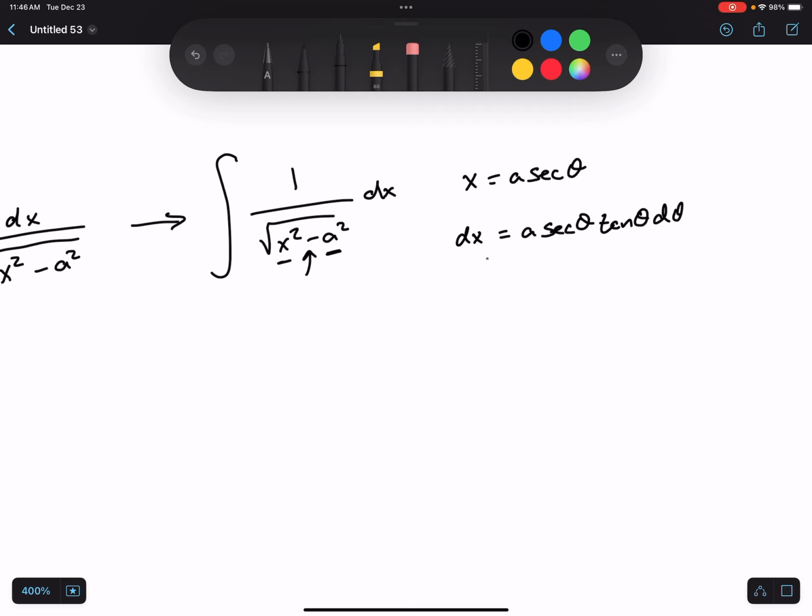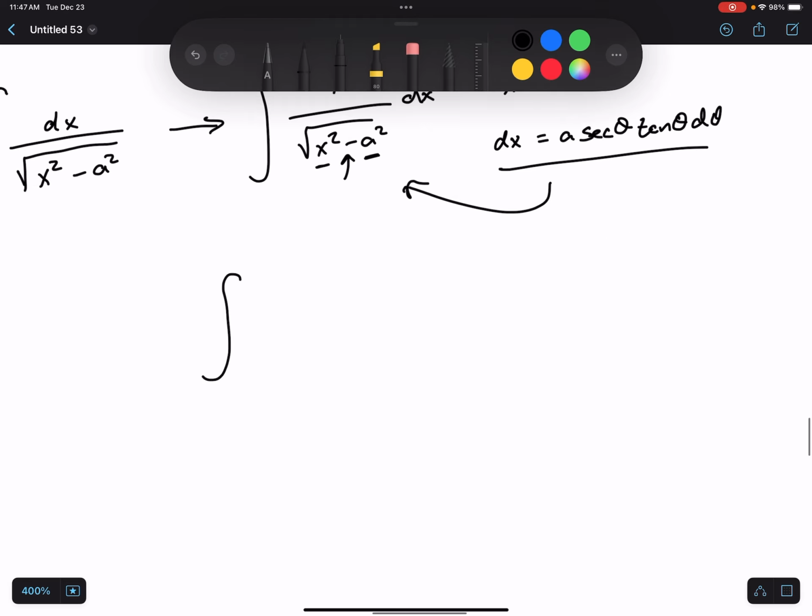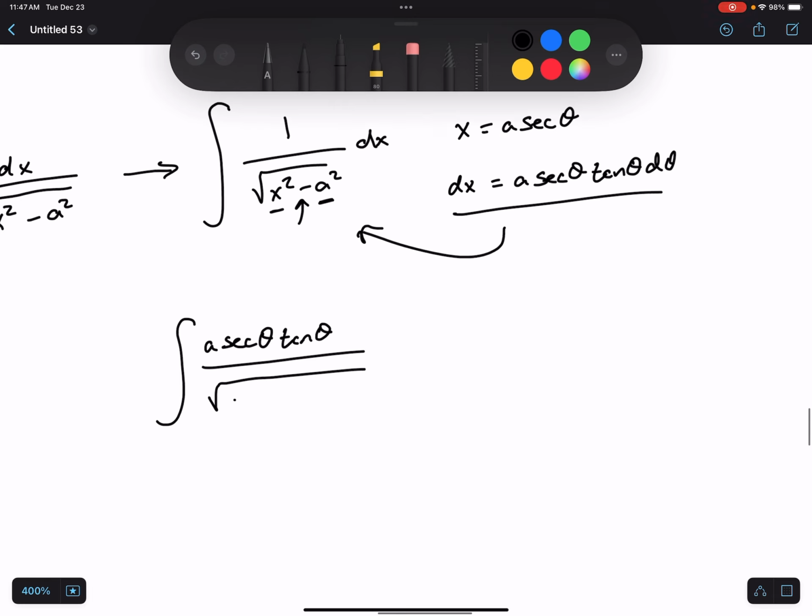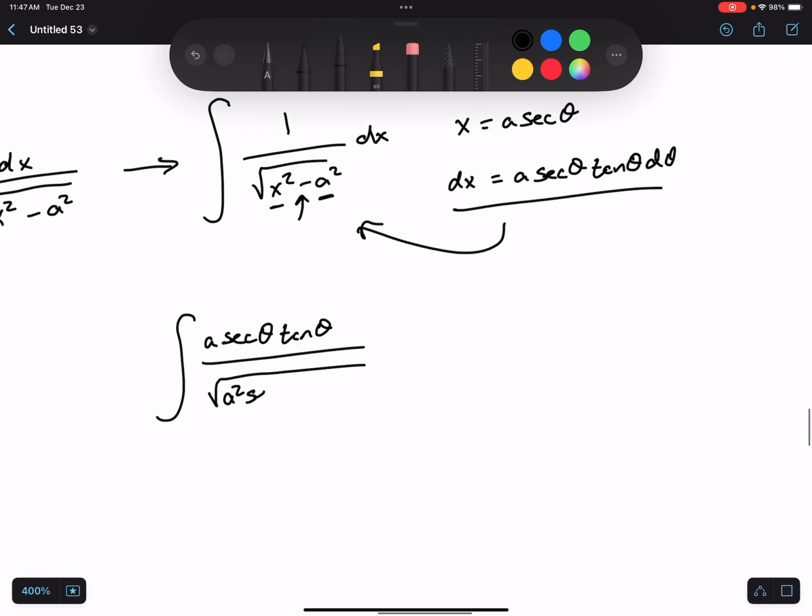And so now we can take these values and plug them back into our original integral. We can rewrite this as the integral of a secant theta tangent theta over the square root of a squared secant squared theta minus a squared, and then we can put d theta at the end there.